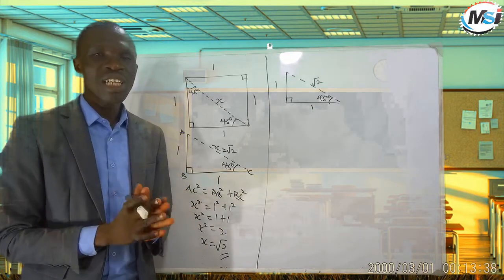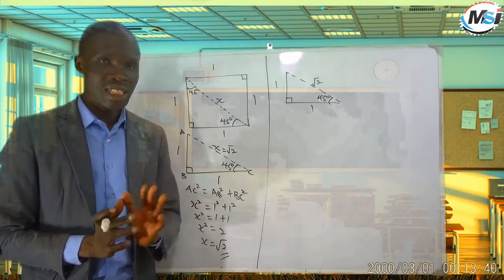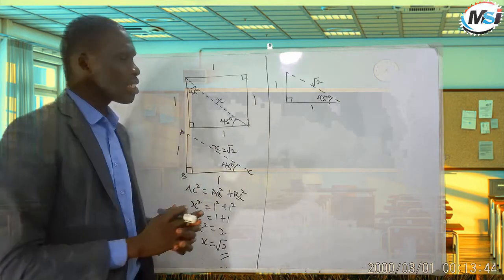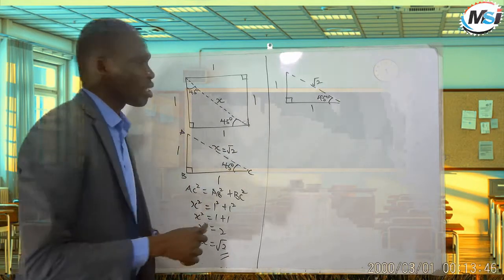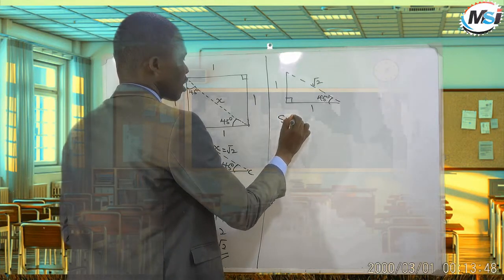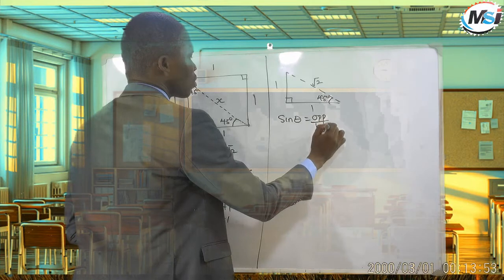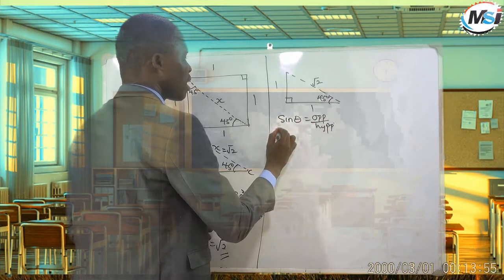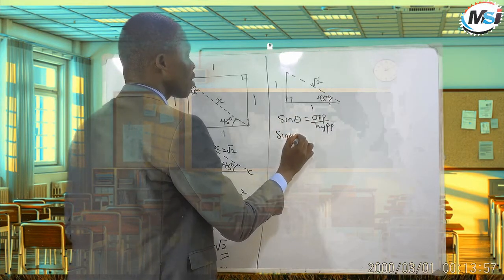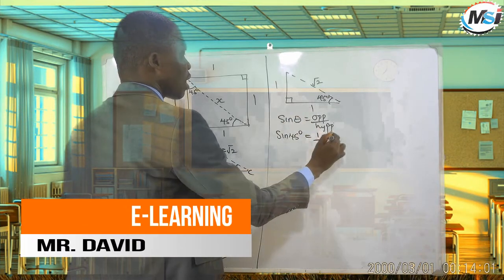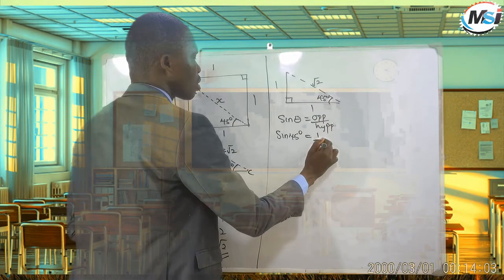Now, we want to start with the method we used in our previous video when I taught you special angles 60 and 30 degree. That is the same thing we want to do here. Now let's start with sine theta. Sine theta is opposite over hypotenuse. Now from here, sine 45 degree will give us opposite is 1, hypotenuse is root 2.